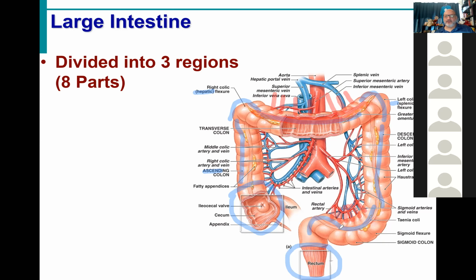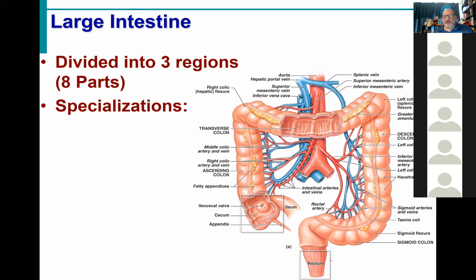And of course, it is called the sigmoid mesocolon. And remember that the ascending and descending portions of the colon are retroperitoneal. So they help to anchor against the back wall and are anchored in place that way. So again, this whole thing that we call the large intestine can be divided up into basically 8 distinct parts.